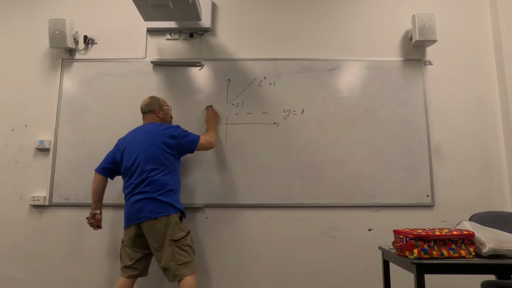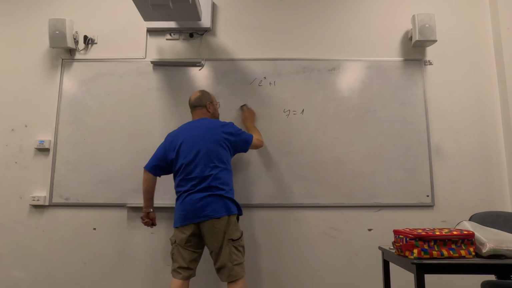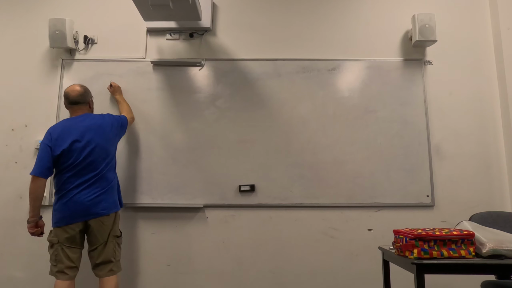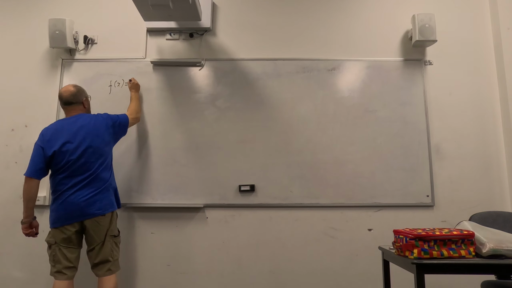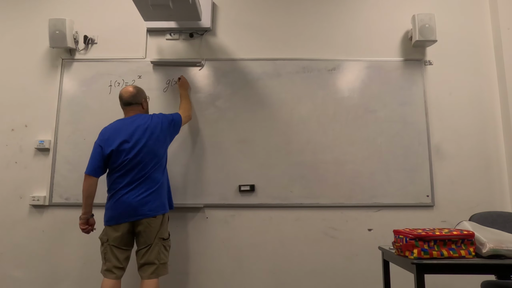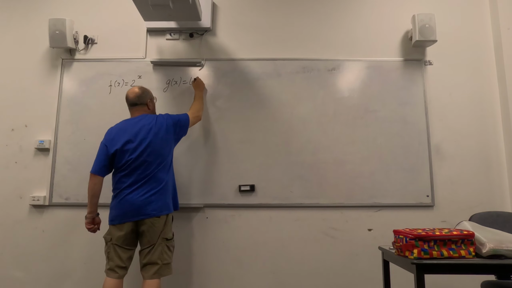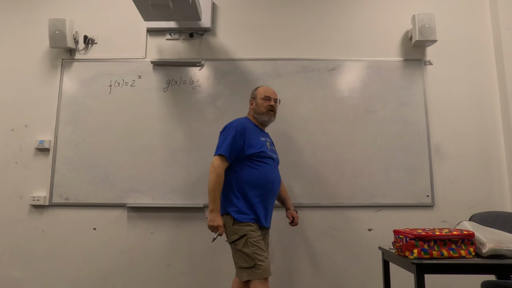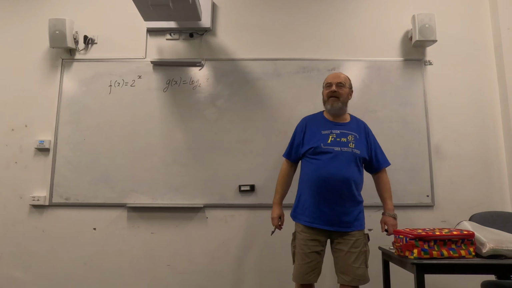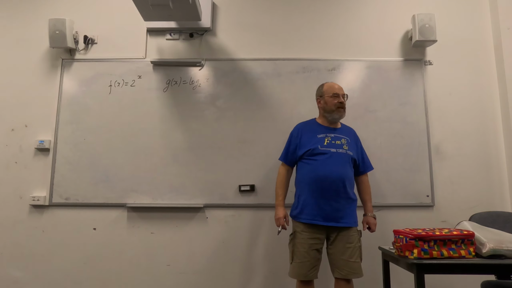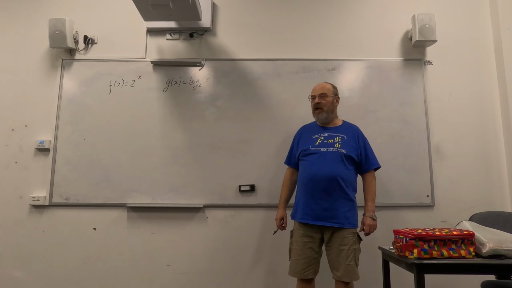For example, f of x equals 2 to the power of x, and we have g of x equals log x with the base 2. What will the relation between those two functions be? They are inverse, yes, they are inverse.